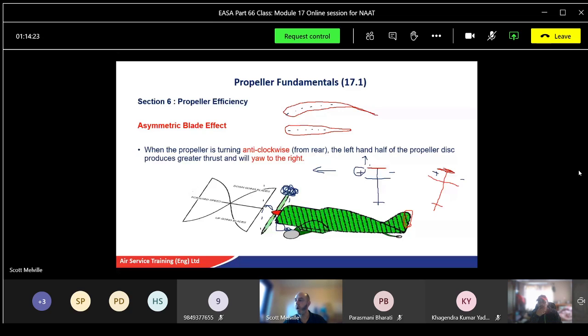By having more thrust this side, only half the aircraft's getting pulled. In this case, it's the left-hand side that's getting pulled, not the right-hand side. So we've got a drag on this side in effect, and it's going to pull it round to the right-hand side. And if you don't do anything about it on the ground, you'll just do a massive donut. You'll just go round and round and round.